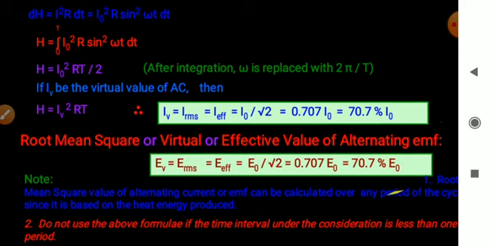So the root mean square value of alternating current or EMF can be calculated over any period of the cycle, since it is based on the heat energy produced.